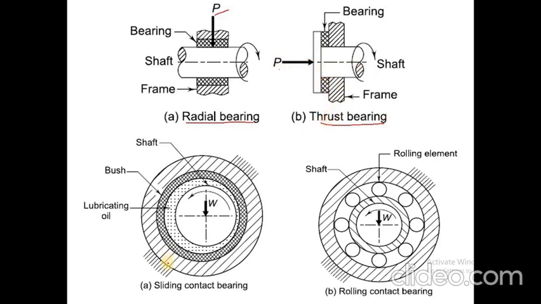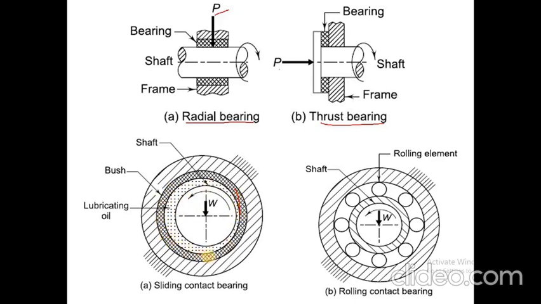Now talking about sliding contact bearing and rolling contact bearing. First, in this diagram you can see this is a shaft, this surface is the bush, and in between the bush and the shaft there is lubricating oil. In this case, the surface of the shaft slides over the surface of the bush.